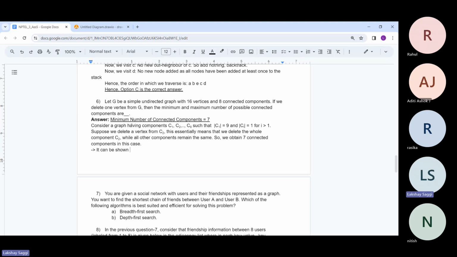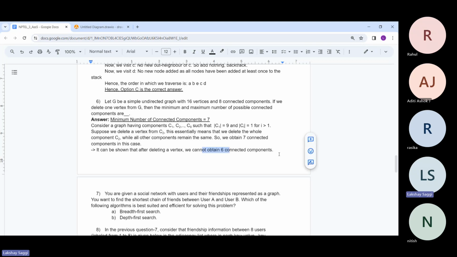It can be shown that after deleting a vertex, we cannot obtain 6 connected components. And why is this the case?